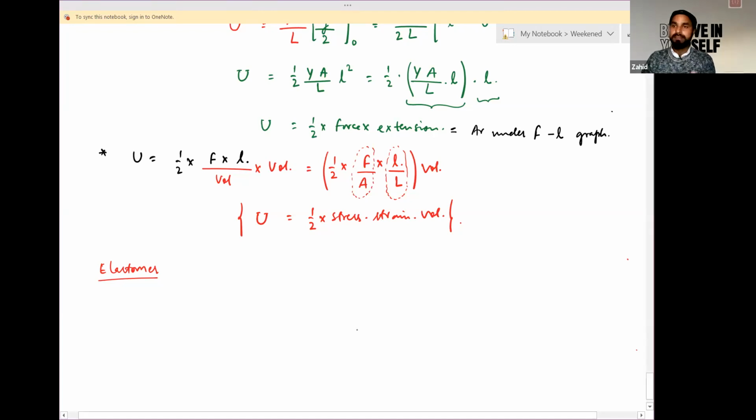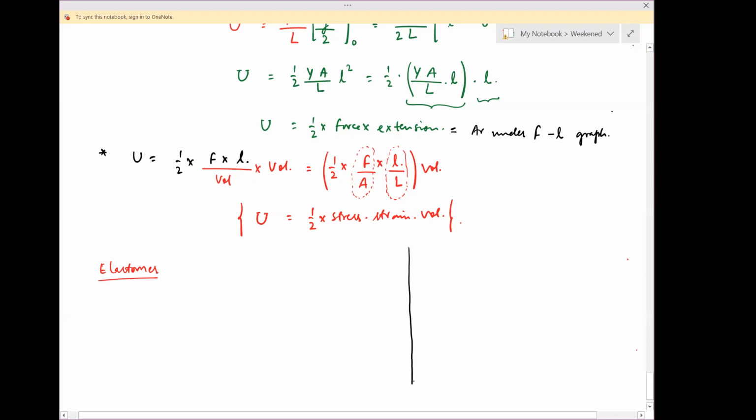If you compress that thermocol up to a small compression and release it, it will come to its original state as it was initially. But if you compress it a little bit more, it will get fractured or broken. So a substance having only an elastic limit, beyond which it gets fractured, is termed an elastomer. Is it clear?